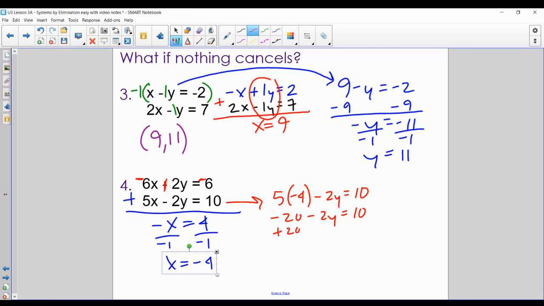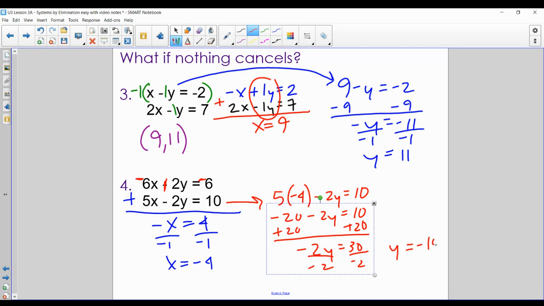I'm going to add the 20, get negative 2y equals 30, divide by negative 2, get y equals negative 15. So my answer is negative 4, negative 15, and that answer tells me where these two lines intersect.